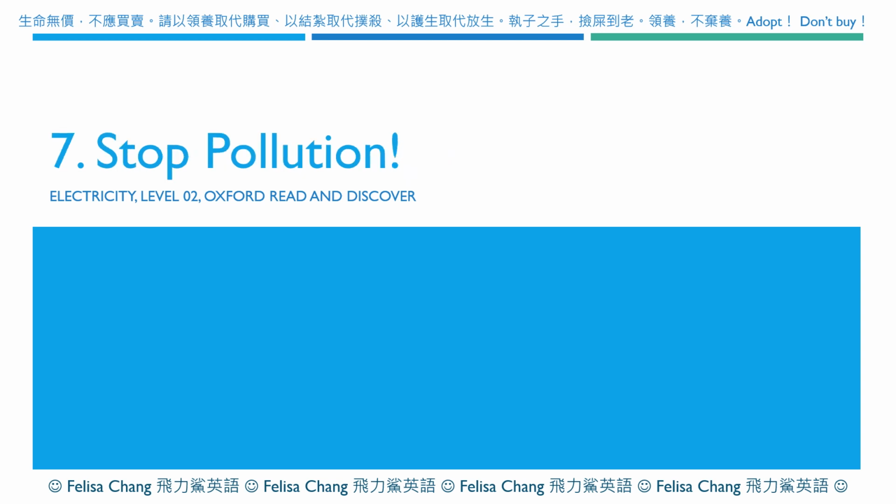Chapter 7. Stop pollution. Many power stations burn coal to make electricity. This makes pollution. What can we do to stop pollution?